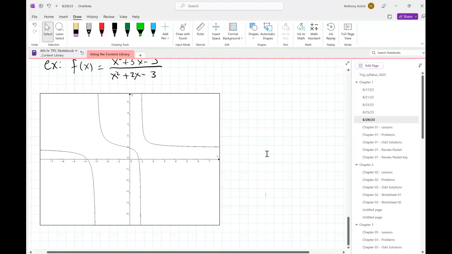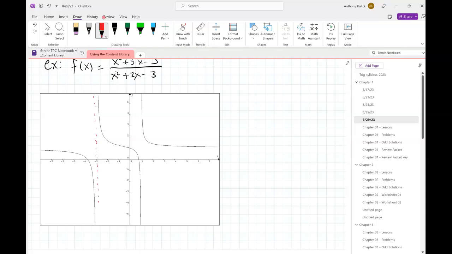So if I look at this graph, it looks to me like I see 3 asymptotes. I see 2 vertical ones and 1 horizontal. It looks like here at x equals -3, there's a vertical asymptote.